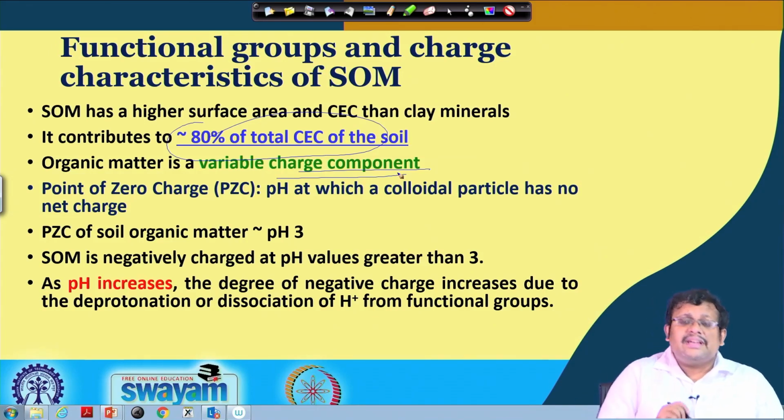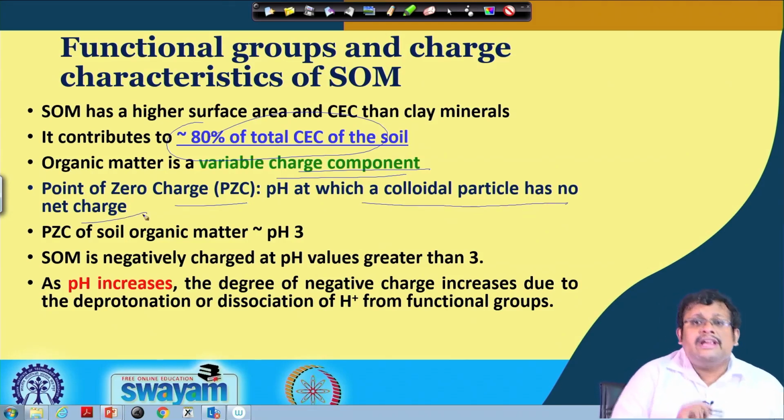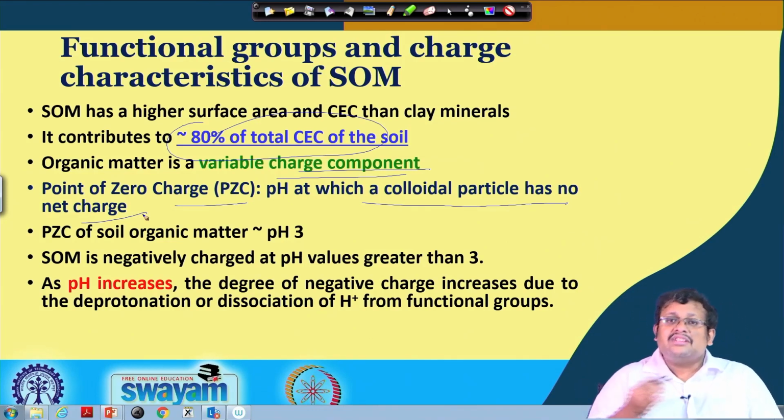Now, there is a concept called point of zero charge or PZC. That means the pH at which colloidal particles have no net charge. Due to the presence of variable charge or pH dependent charge, there may be possibility of producing either positive charge or negative charge, although negative charge is prevalent.